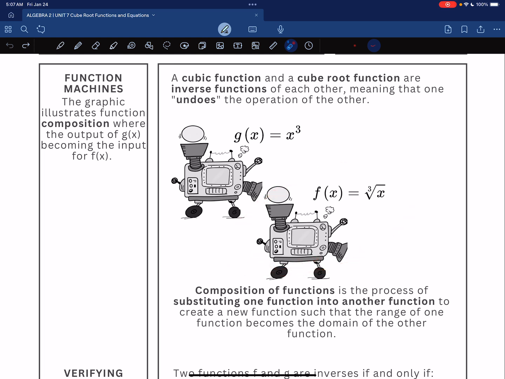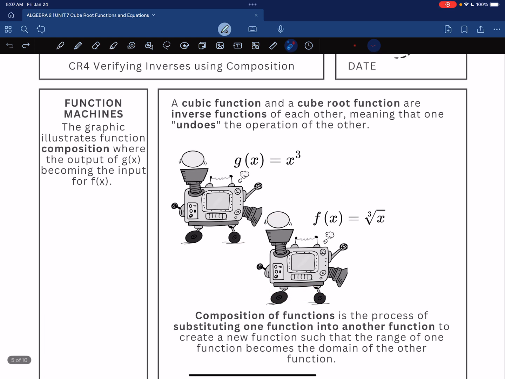See, here's the thing. A cubic function and a cube root function, like f and g here, will be inverses of one another, meaning that one undoes the operation of the other function.